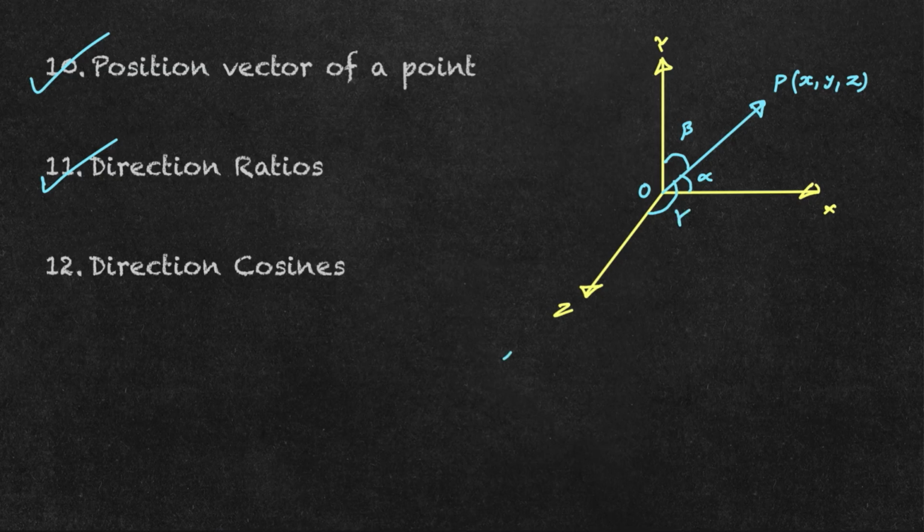So these angles, that is alpha, beta and gamma, are called the direction angles.